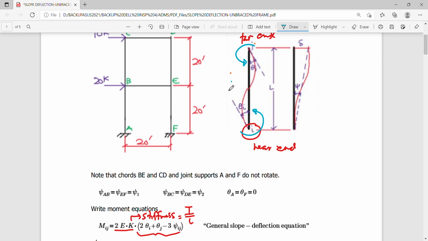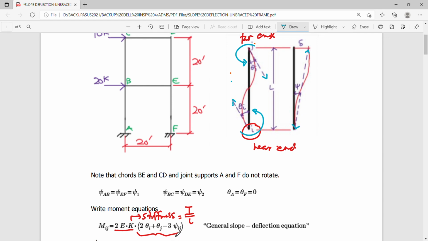So the slope here is upward, but it's on the positive side. This is downward, but it's on the negative side. So it's still a positive contribution. While this displacement here will induce a reverse slope here. So the slope here is going in this direction, and the slope here is going in this direction. So it must be a negative contribution here.